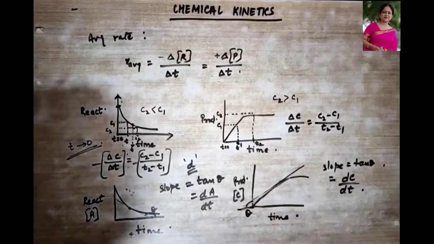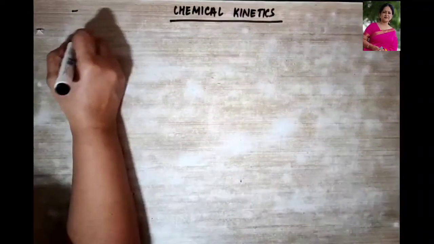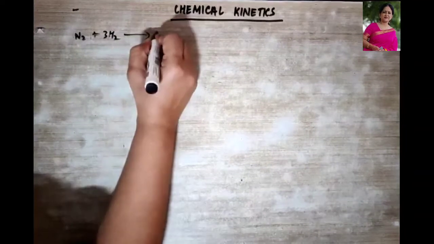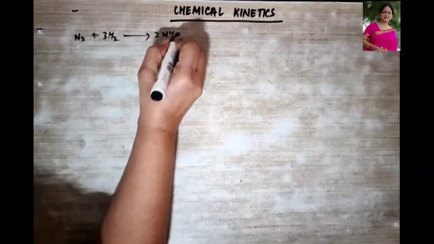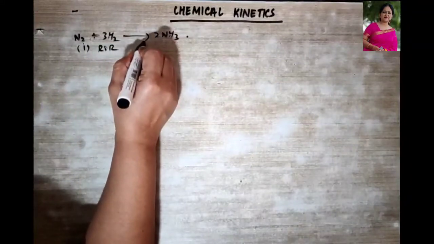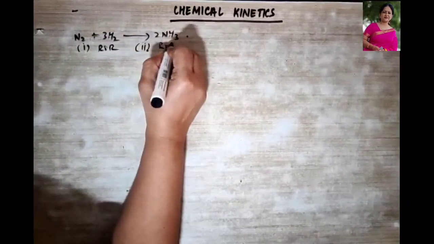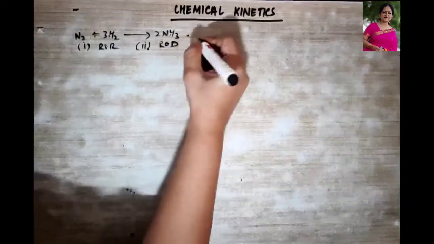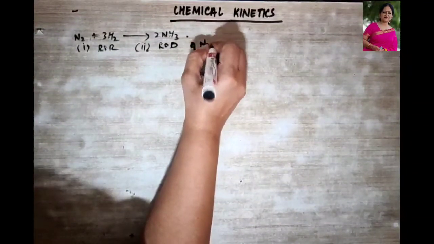Now let us do one question based on it. It says N2 plus 3H2 gives 2NH3. You have to find out the rate of reaction and the rate of disappearance of N2.